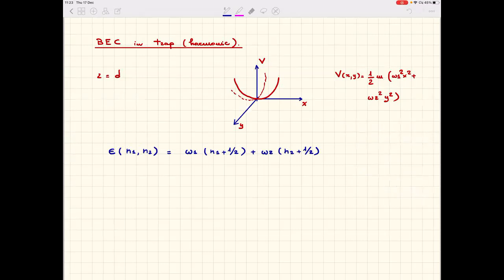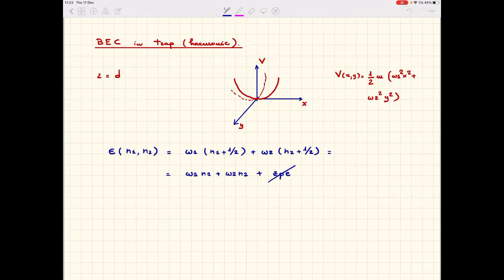So now this is my spectrum. Let me forget from now on about the zero-point energy. So this is omega 1 n1 plus omega 2 n2 plus the zero-point energy, which I forget about from now on. It's just a reference point.